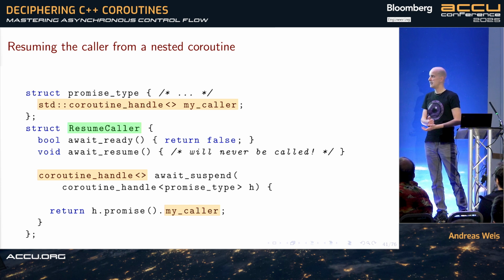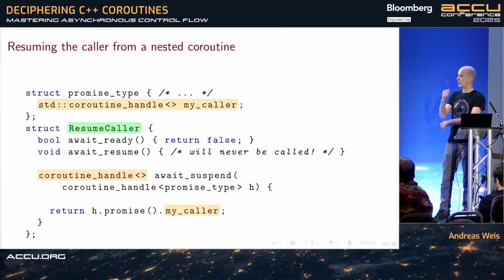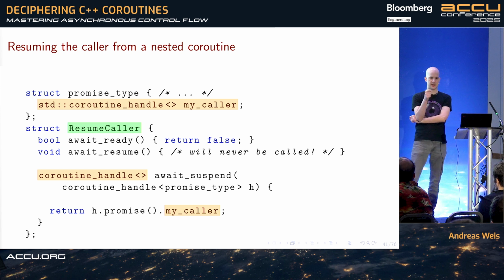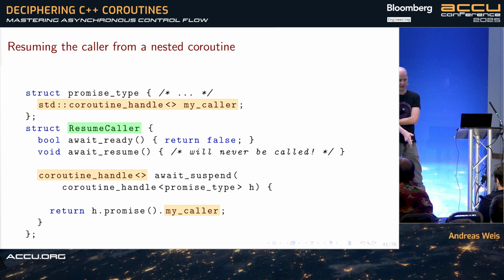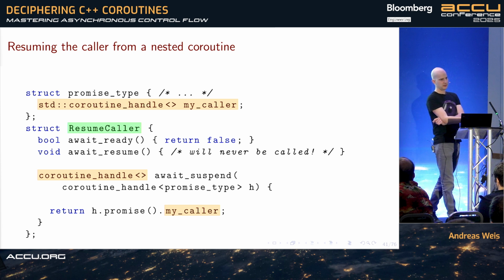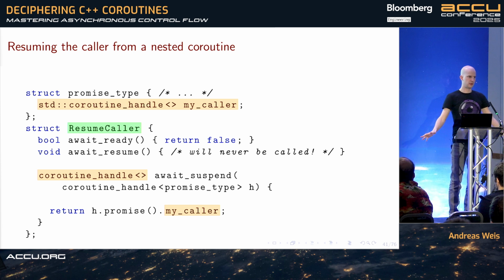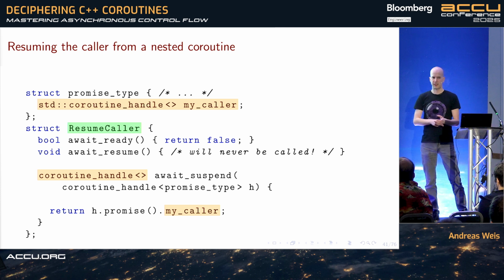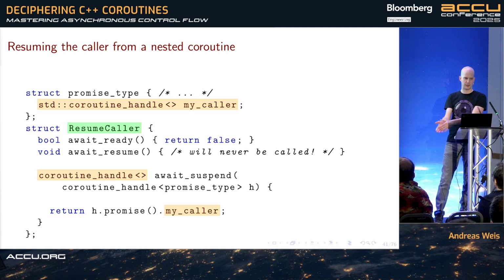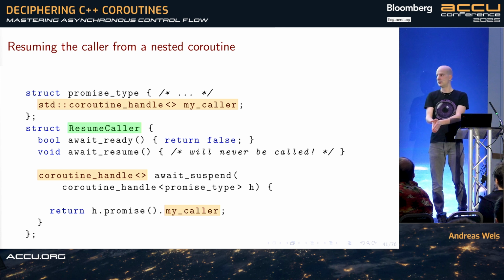So the only thing that's left is the await_suspend. And if you saw Phil's talk this morning, he was saying there are three ways that await_suspend can return, right? It can either return void, in which case you will just go to sleep. It can return a Boolean, which means depending on the value of the Boolean, you either go to sleep or you continue right away.